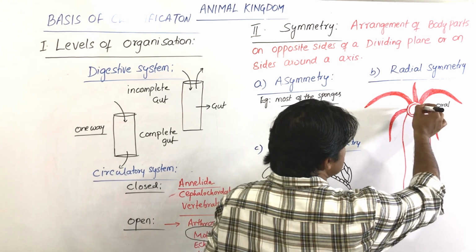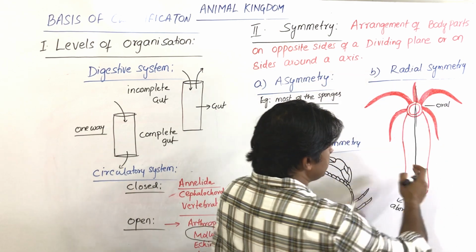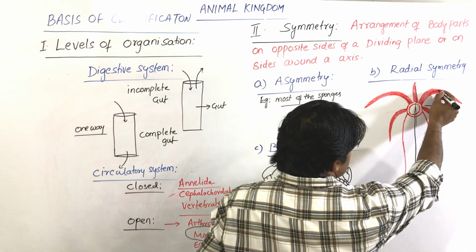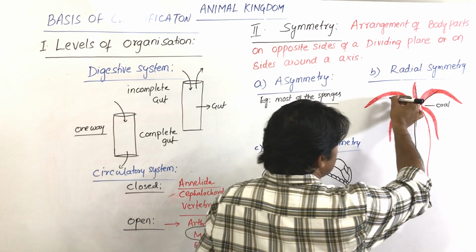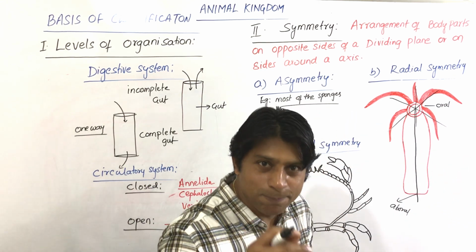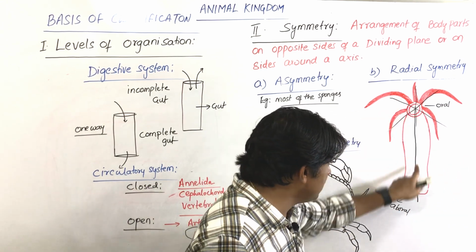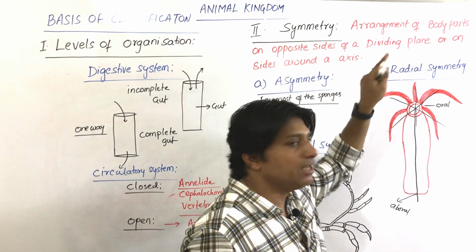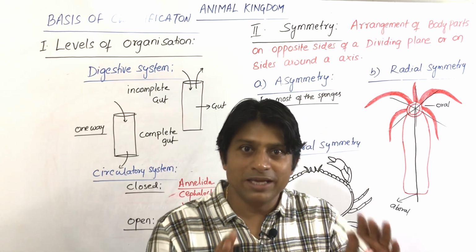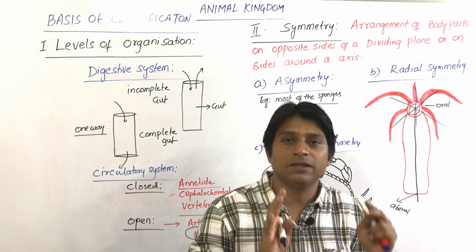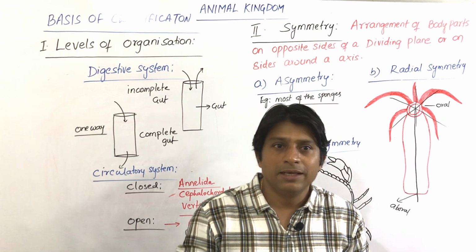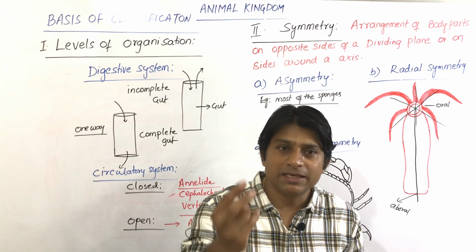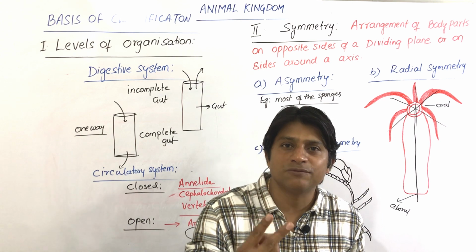Now, if the animal is cut along this oro-aboral axis, we can divide it into two equal halves. We can cut like this, or like this, or like this. Any plane passing through this central axis can divide the animal into two antimeres. So the symmetry is called radial symmetry. Please remember this point: in radially symmetrical animals, any plane passing through the central axis of the body can divide it into two equal halves or antimeres.